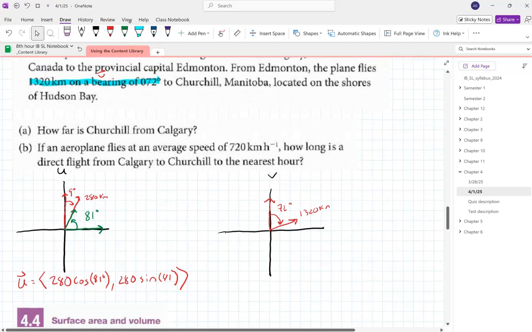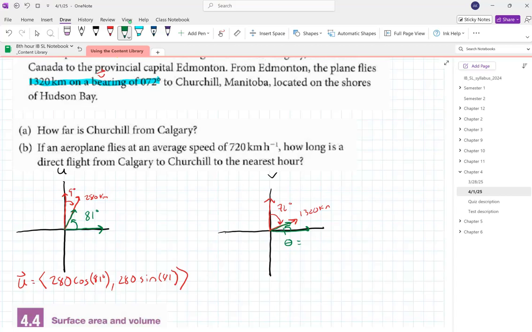And again, I want to resolve that into a standard position angle. What is the standard position angle going to be? You mean 72 less than 90. So 18 degrees.